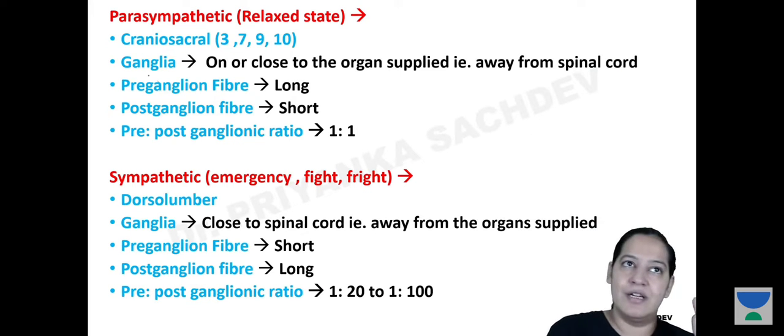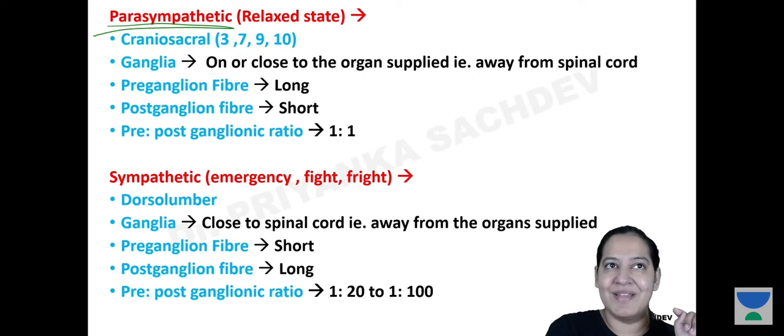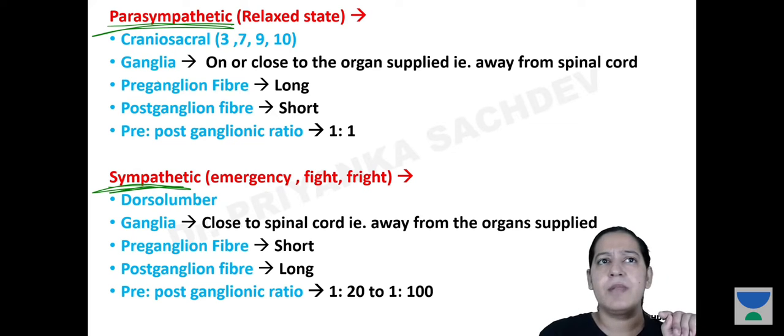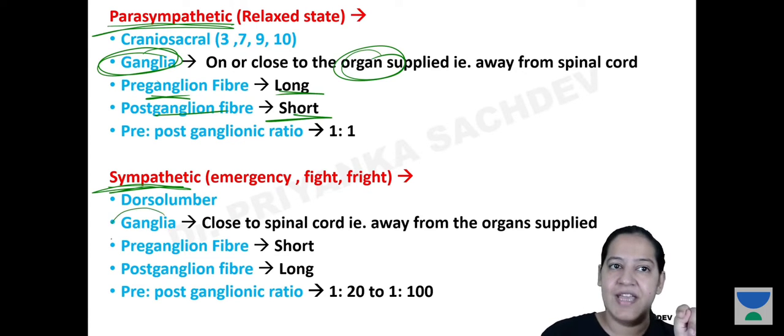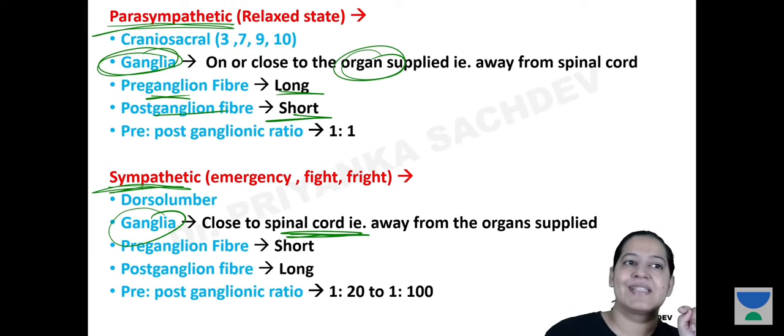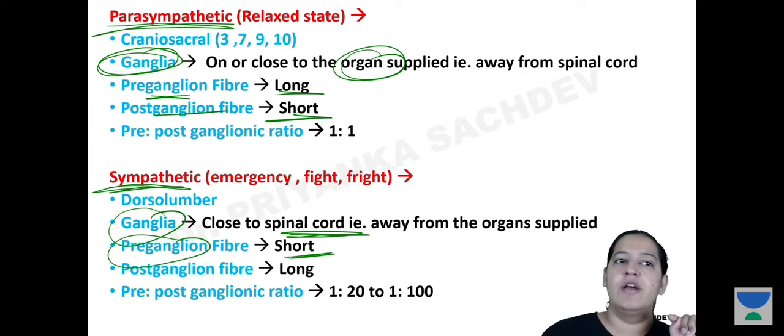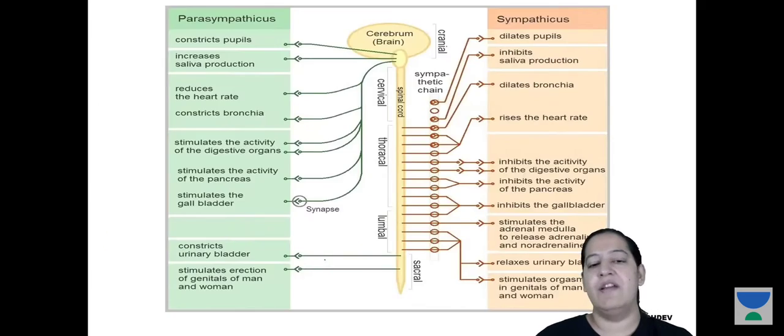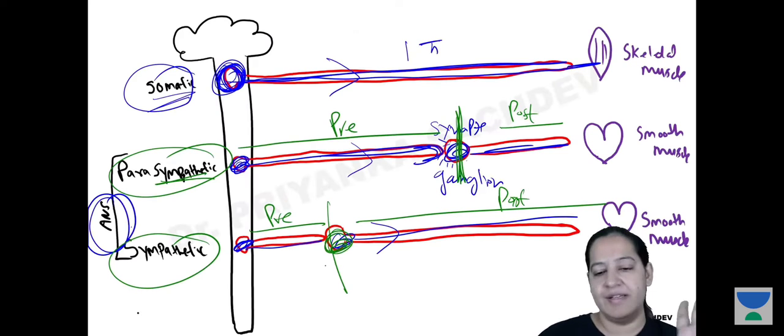In the parasympathetic system, the ganglion is close to the organ. So that's why the preganglionic fiber is long, the postganglionic is short. In sympathetic, the ganglion is close to the CNS. That's why the preganglionic is short and the postganglionic is long. So it is clearly visible here.